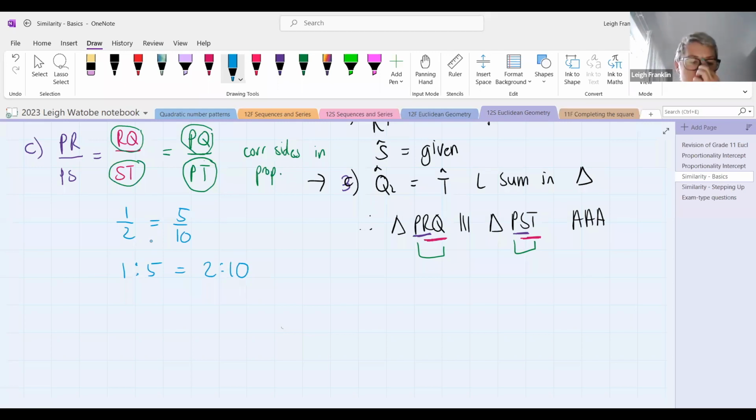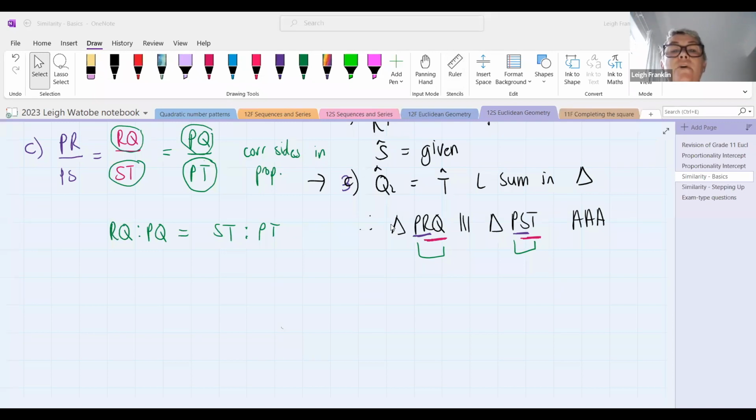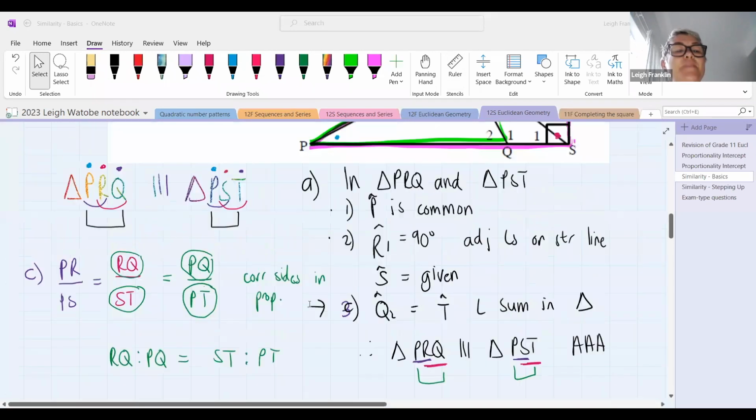When we work with numbers, it just becomes a little bit easier for us to understand. So now, based on this, I can say that the ratio of RQ is to PQ is the same as the ratio of ST is to PT. The ratio of the numerators is the same as the ratio of the denominators. Yes, you're quite right. It was PT. Good.